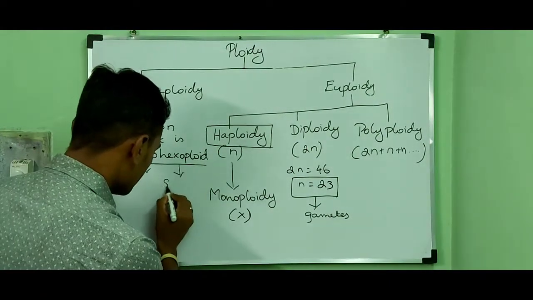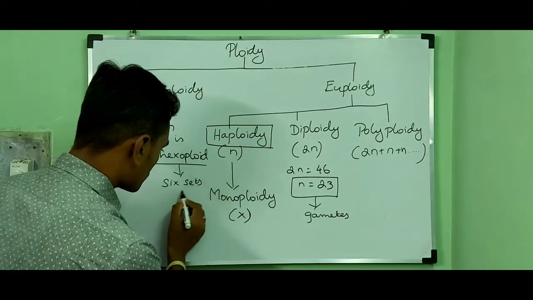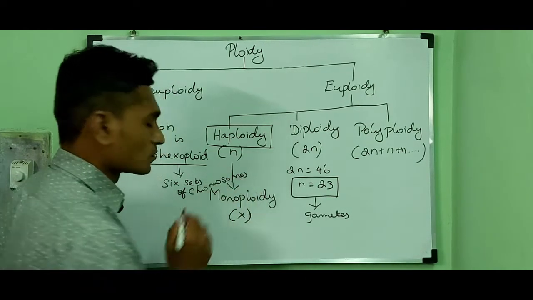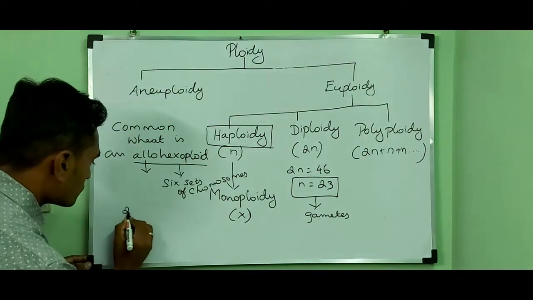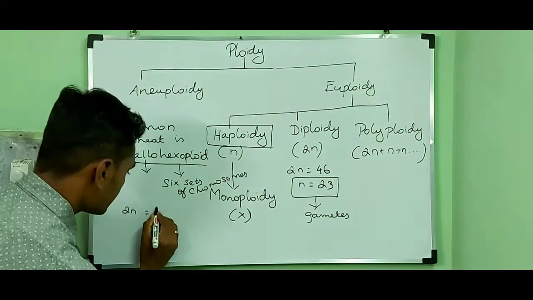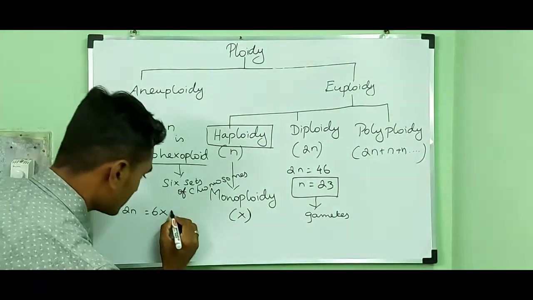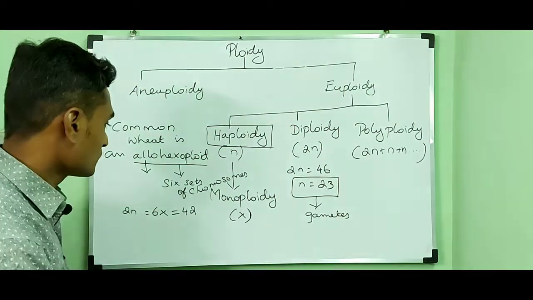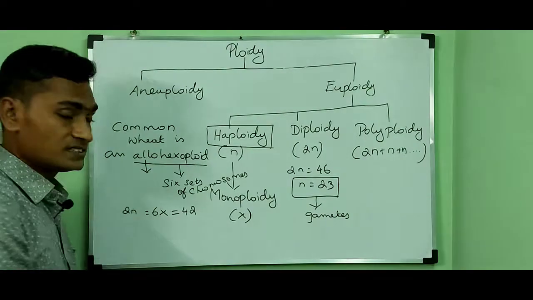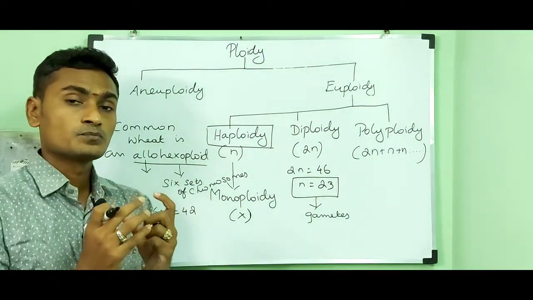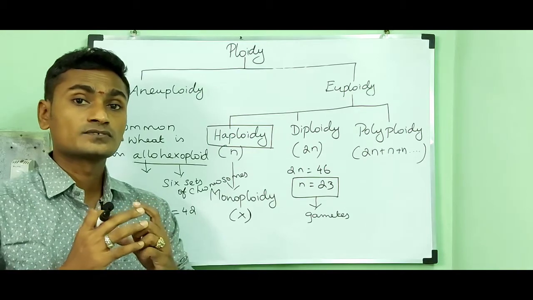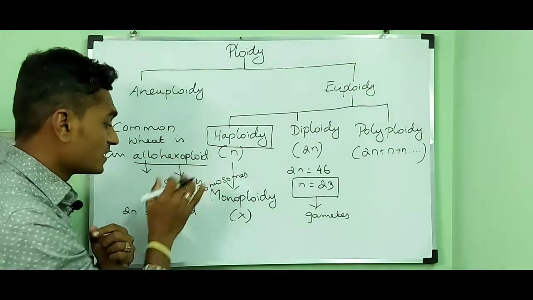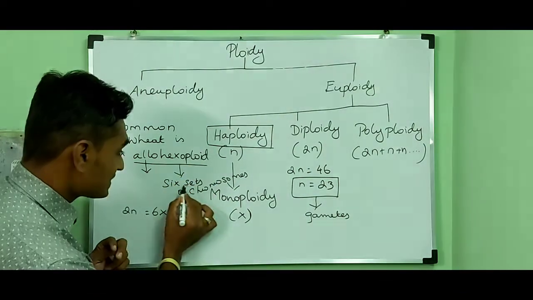So 2n is equal to 6x, and 6x is equal to 42. I already told you, allo means that the organism possesses two or more basic sets of chromosomes derived from different species. Hexaploidy means the organism possesses 6 sets of chromosomes.